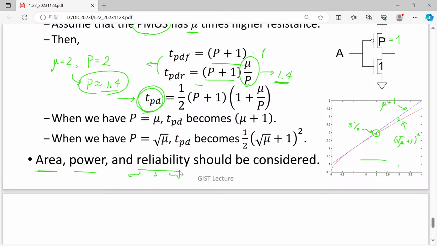Actually not. For example, if you sell a chip to some customer, and after just 1 year or 2 years, all of your chips show some tendency to fail, then your customer companies will complain about you. I made a design according to your technology, and if I make it with another fab, it shows reliable behavior even after 1 year, 2 years, 3 years.